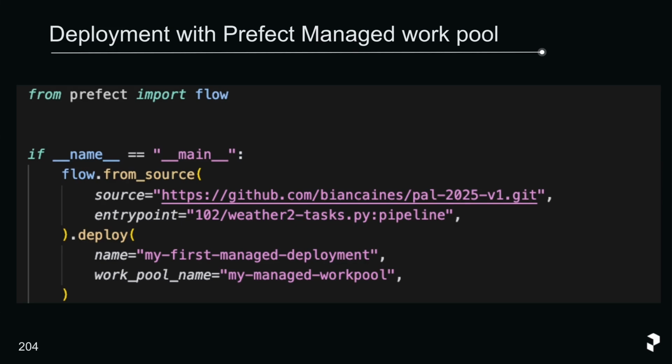The deploy method is specifying the name of the deployment that we are creating. So my first managed deployment, and we have also passed in the work pool name, which is my managed work pool, or the name of the deployment which was created previously in the last few slides.